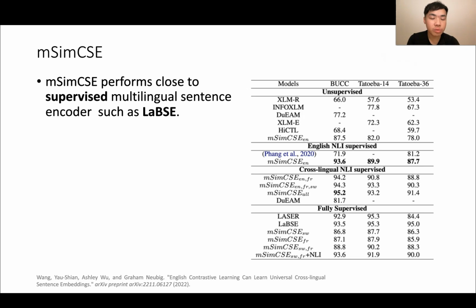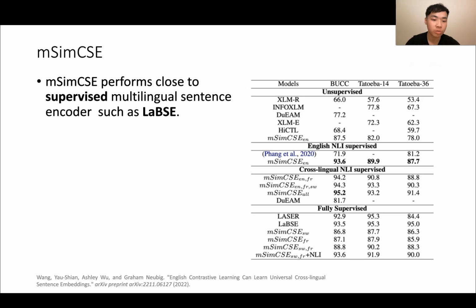And here's the result for cross-lingual retrieval for the SimCSE model. We can see the performance of SimCSE trained with only English NLI datasets is very close to the performance of the LaBSE model. The LaBSE model is a multilingual sentence encoder released by Google.